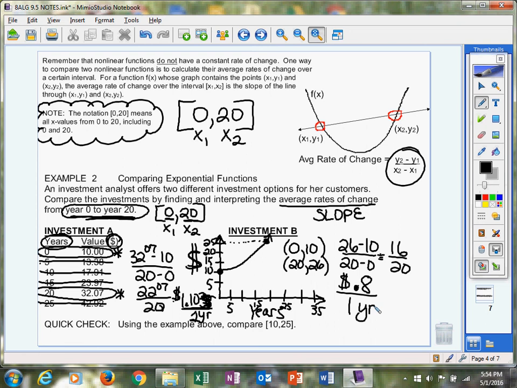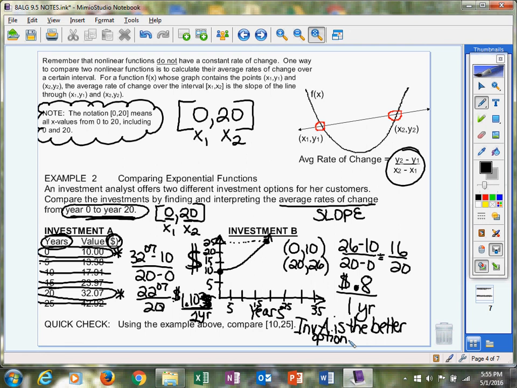So if you are an investment counselor, an analyst, and you had customers sitting in front of you asking, should I choose investment A, should I choose investment B? You would have to tell them that they should choose investment A. And so that's how I would sum it up. Investment A is the better option. And you can see from the money standpoint why it is. It makes more money for the customer.